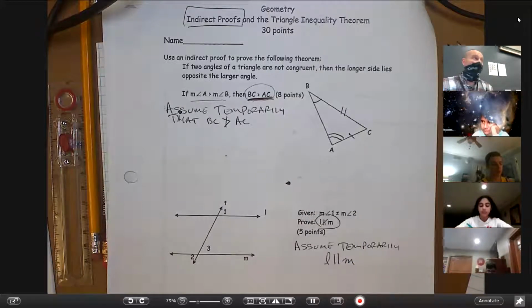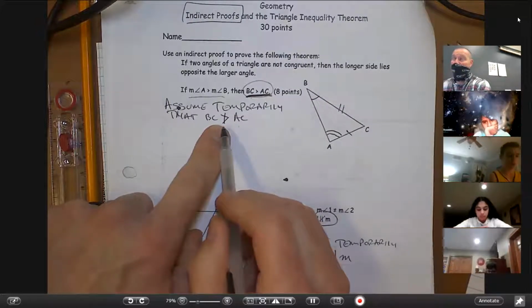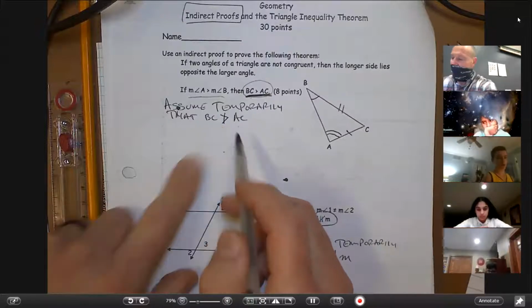Actually, when we're talking about inequality, there are three things that can happen. A could be greater than B, A could be less than B, or A could be equal to B. I'm just using variables at this point. So if BC is not greater than AC, then there are actually two cases.